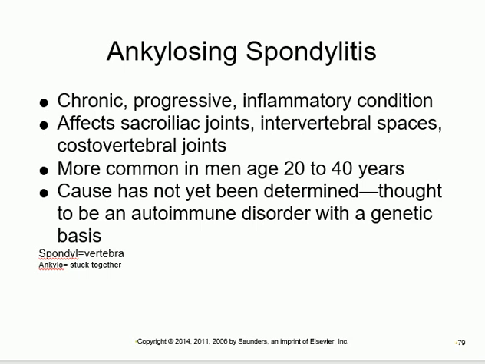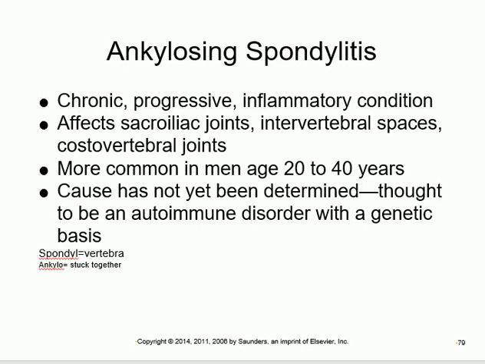This joint specifically is the point of start of ankylosing spondylitis. So ankylosing spondylitis starts as sacroiliitis. And then it will progress to the vertebrae, and the vertebrae will be stuck together, limiting the movement and causing deformity. And this is what we need to know about this. Did you get this one?